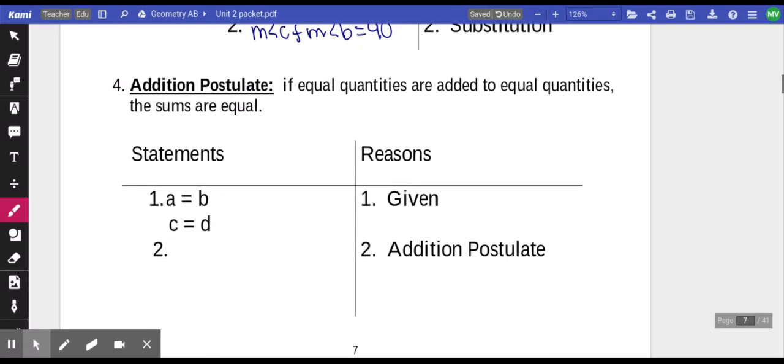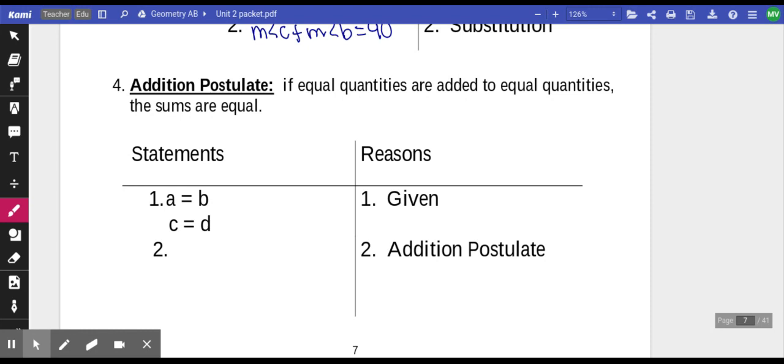Addition postulate. Addition postulate says if equal quantities are added together, the sums are equal. You used this when you were solving equations using substitution or elimination last year. So in order to add things together, you have to have two equations.